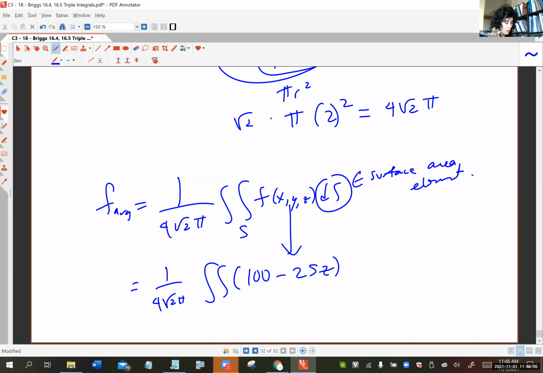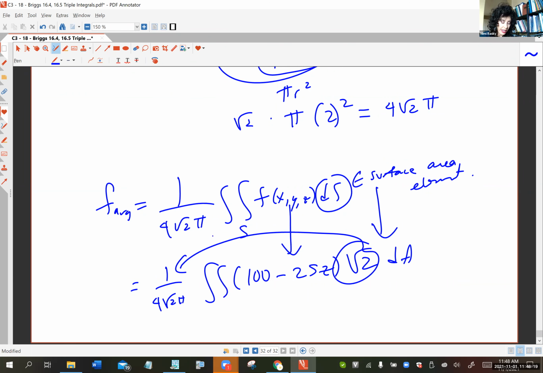And that involved that square root of 2 thing. So that was like square root of 2 dA. And then you can take this square root of 2 and move it in front because it's just a multiple. And then the z, you're not allowed to have a z in a double integral. Because double integrals technically are only supposed to be x's and y's, because that dA is dy dx.